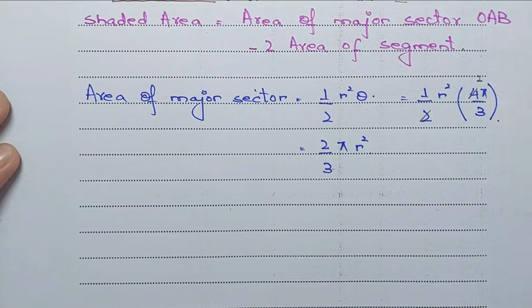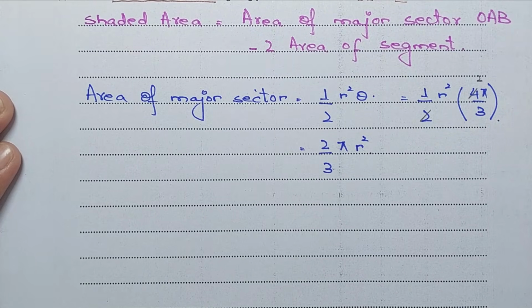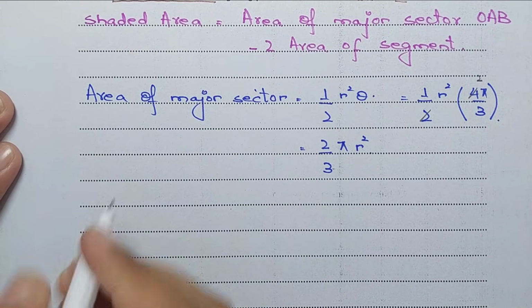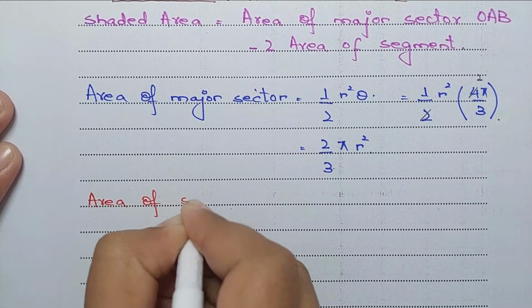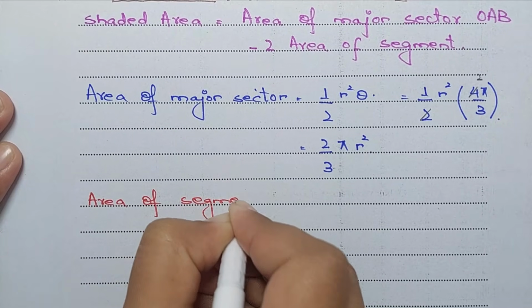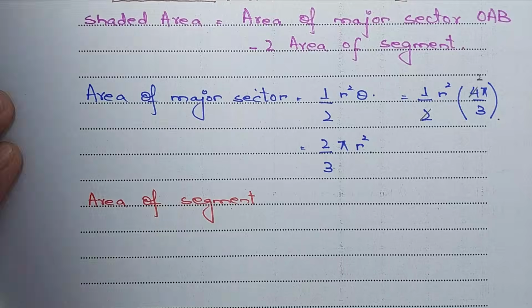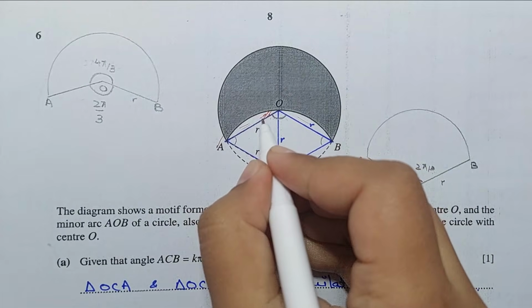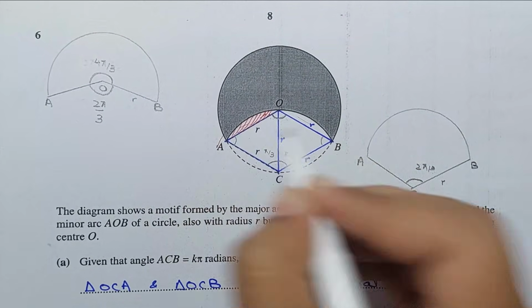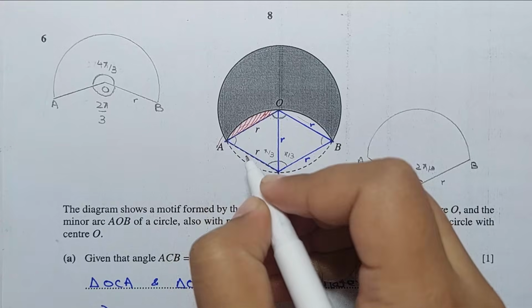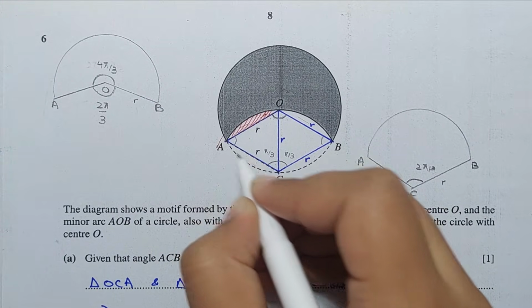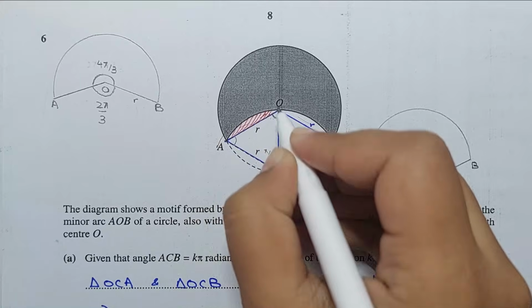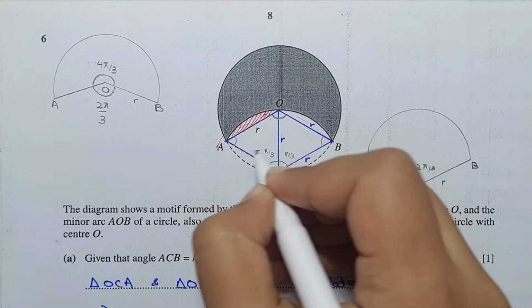Now, the next thing is to figure out the area of a segment. I name this red one a segment. So the area of this segment is basically the area of sector ACO, and subtract the area of this triangle.